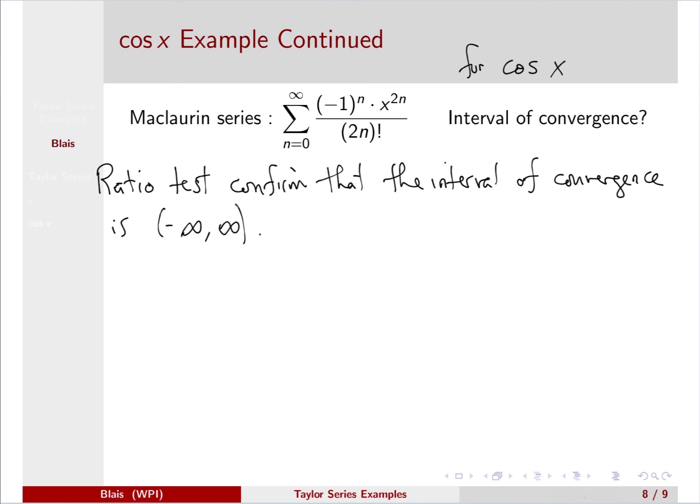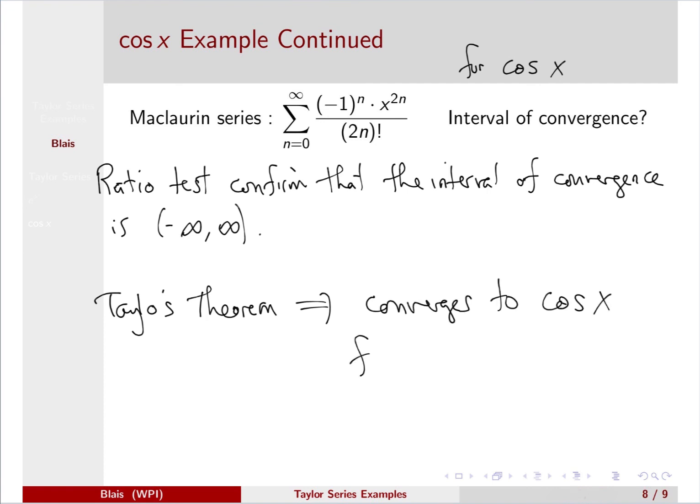And when we study Taylor's theorem, which is coming soon, it will show us that this actually converges to cosine of x for all x in the real line.